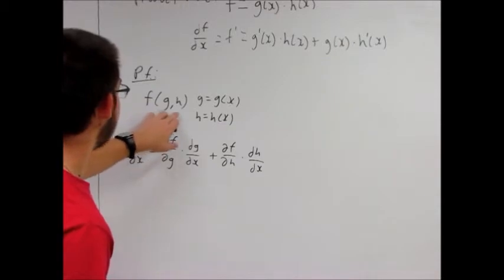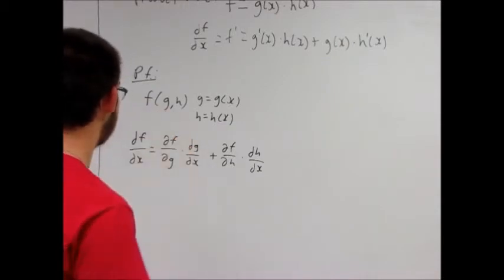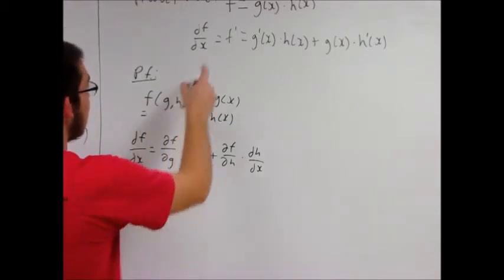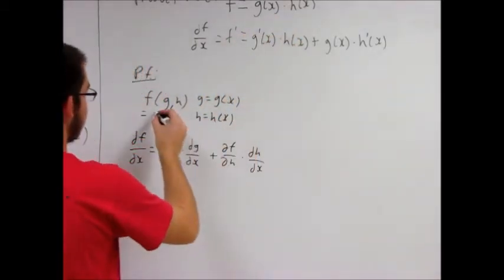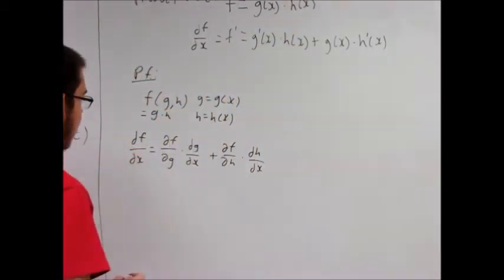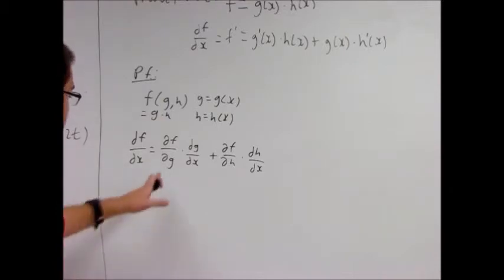So what do we have here? F of g comma h equals, in this case it's just g of x times h of x, so that's just g times h. So now we can calculate this.